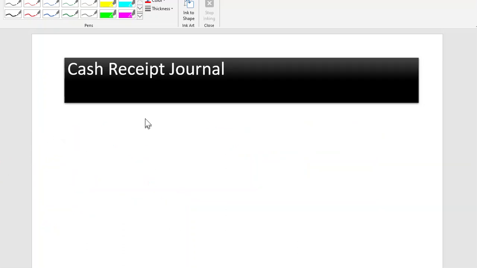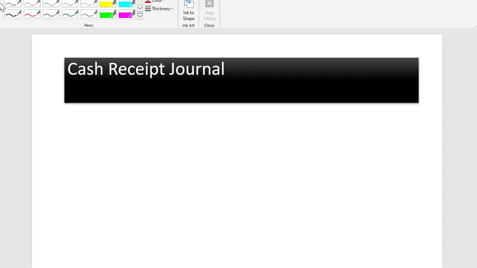Now cash receipt journal is different from CPJ. Let us look at this one. Now when you speak about the cash payment journal, you speak of the money that the company is receiving, right? And this money is received by the company.